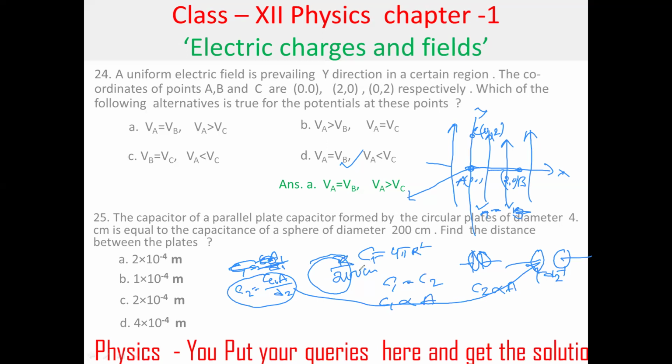So as C1 equal to C2, we can write epsilon naught A by D equal to 4 pi epsilon naught r square. Here epsilon cancels.